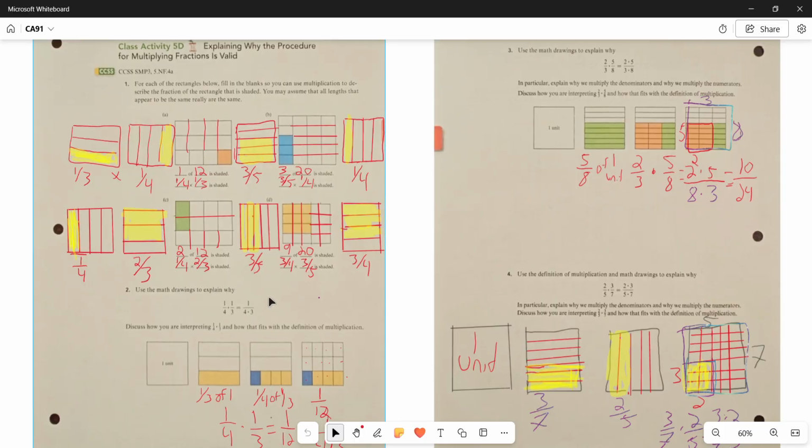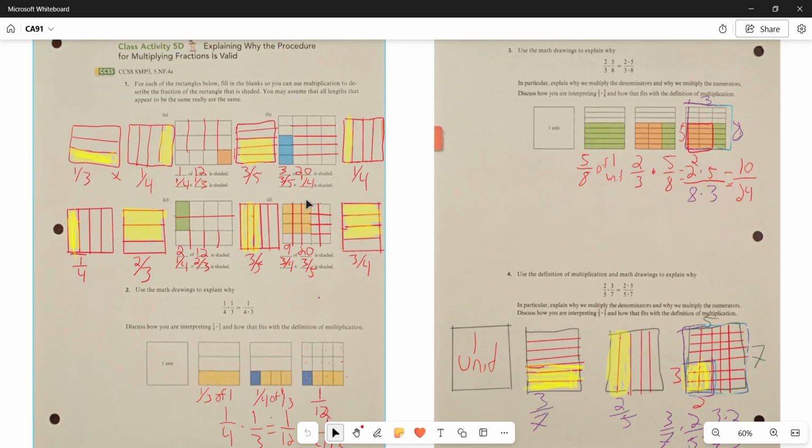And then for D, I did the same thing as on the other ones. I counted 9 squares that were shaded, and there's a total of 20 when you extend all the lines. And then I essentially pulled the array apart and split it up.